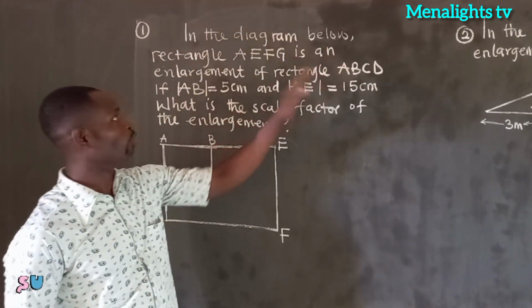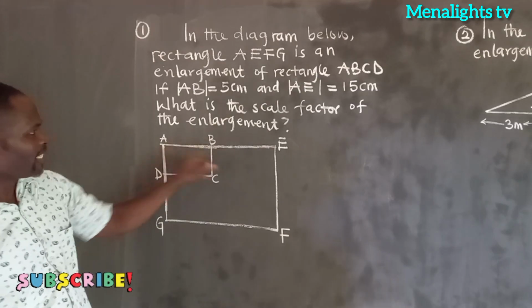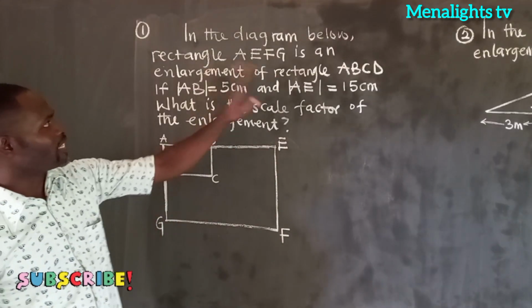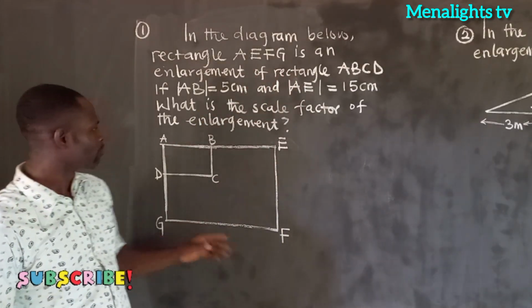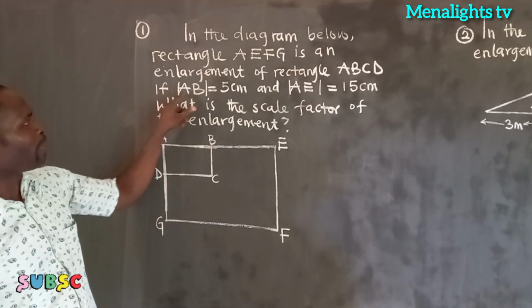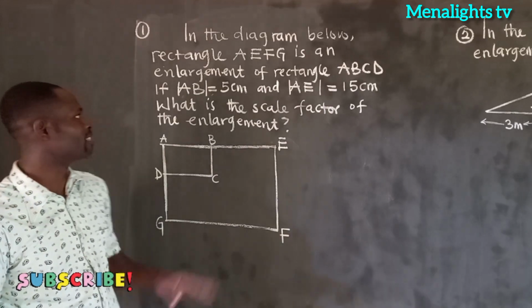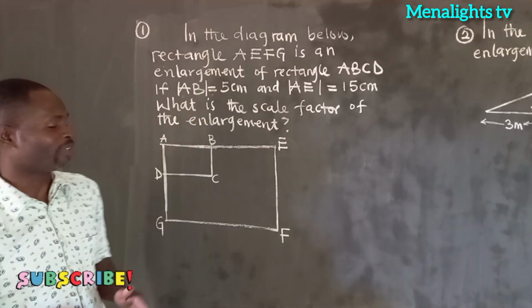In the diagram below, rectangle AEFG is an enlargement of rectangle ABCD. If AB is equal to 5 centimeters and AE is equal to 15 centimeters, what is the scale factor of the enlargement?